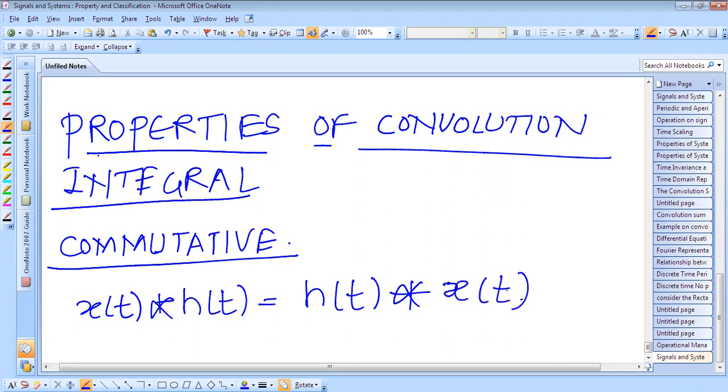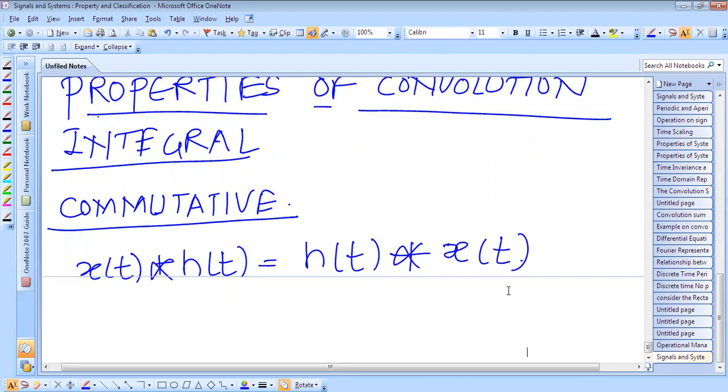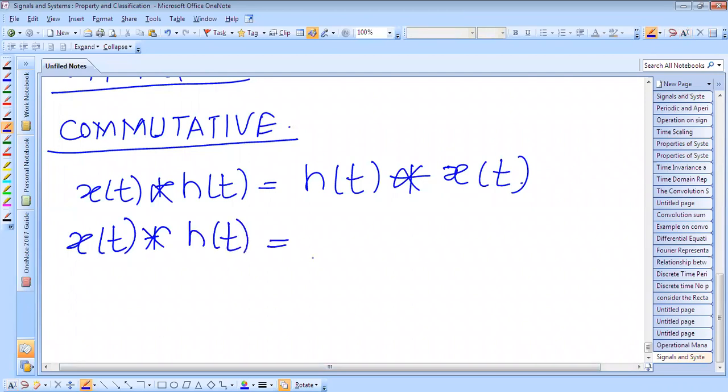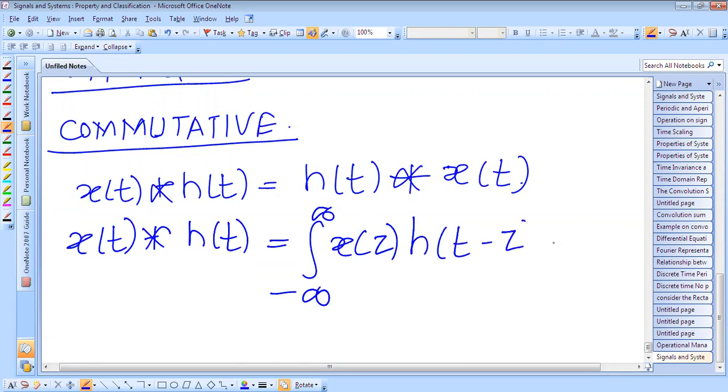This is called the commutative property. And therefore, x of t convolved with h of t is equal to the integration over minus infinity to infinity x of tau h of t minus tau d tau.